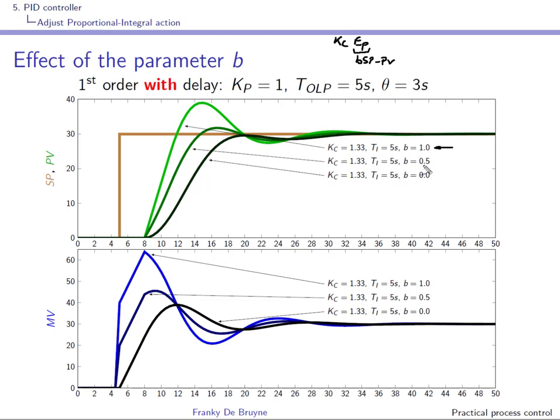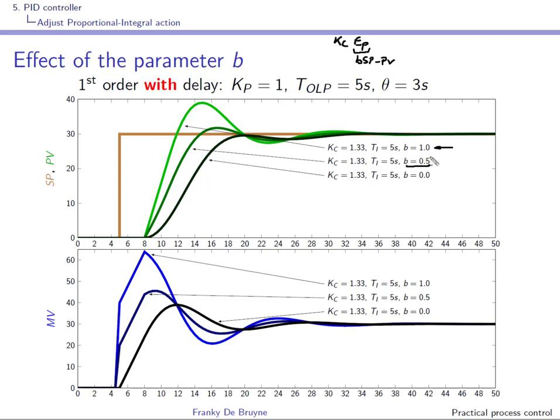Well, by taking B equal to 0.5, you can now compare the proportional kick. With the original controller, we had here an error of 30. The controller gain is 1.33, so 4/3, and you can see that the proportional kick is 40.